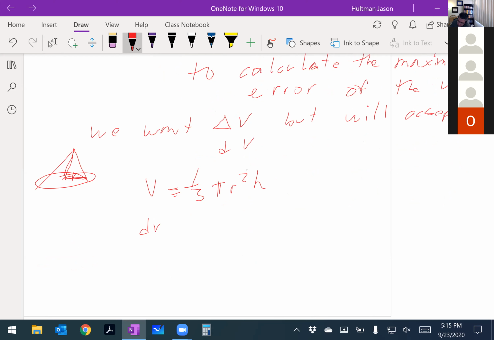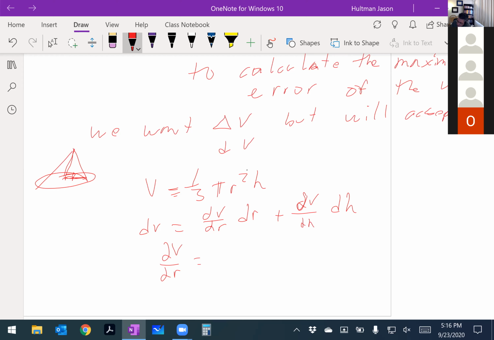Well, dV is going to be dV/dr times dr plus dV/dh times dh. Okay, so what's the partial derivative of the volume with respect to r?